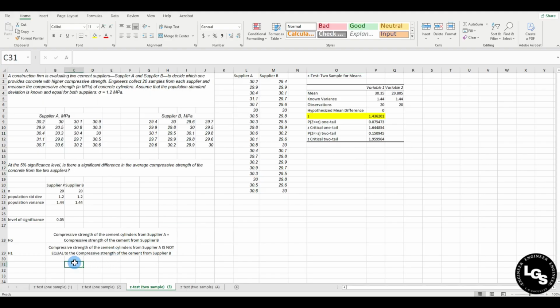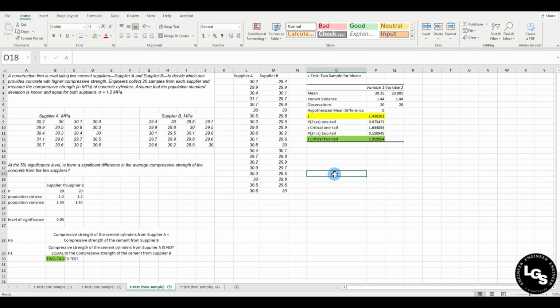Based on our alternative hypothesis, because we have the non-directional alternative, this is a two-tailed test. So we will choose the z critical for two-tail.